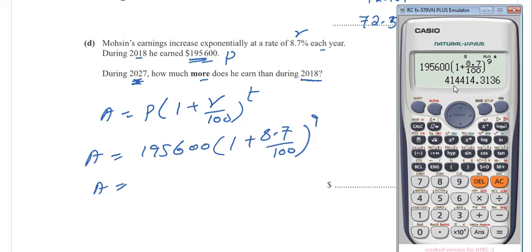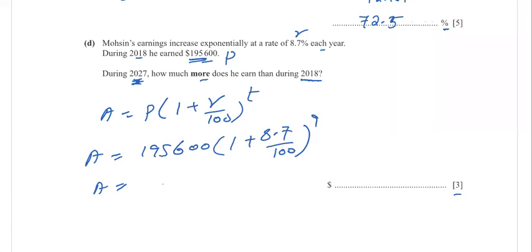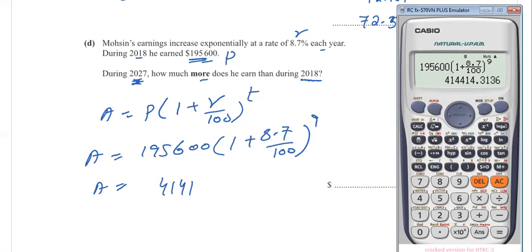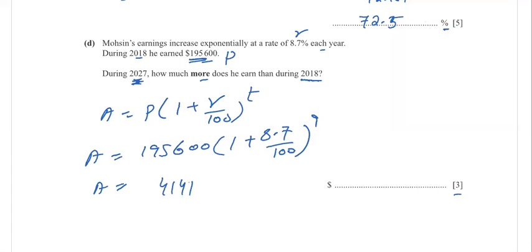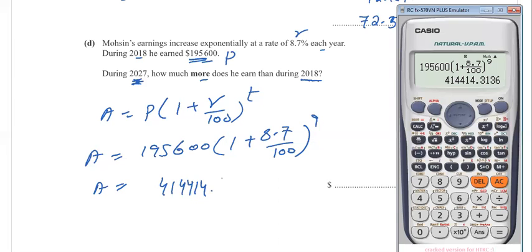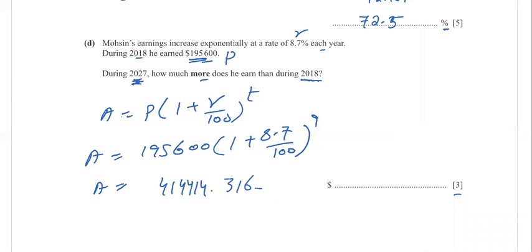That is 414,414.316. Okay, this is the amount that he will have in 2027.